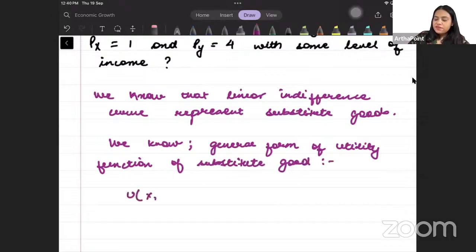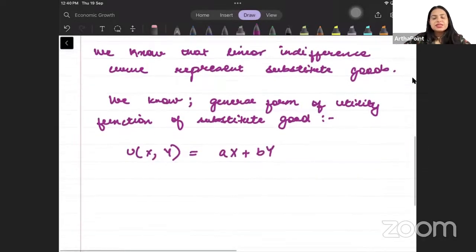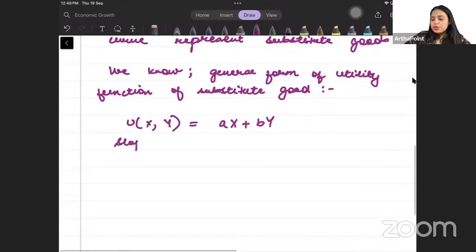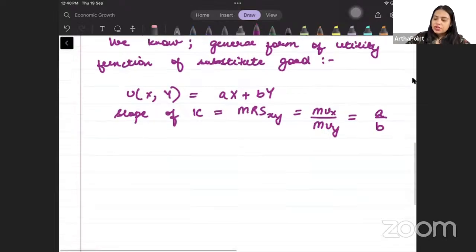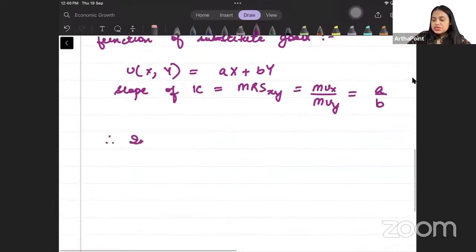It is U(x,y) is equal to ax plus by, with the slope of indifference curve being MRS, which is MUx by MUy, which is a by b. I'm just trying to enhance the answer a bit because we want to secure 10 marks here.